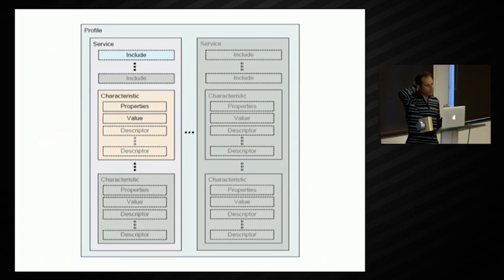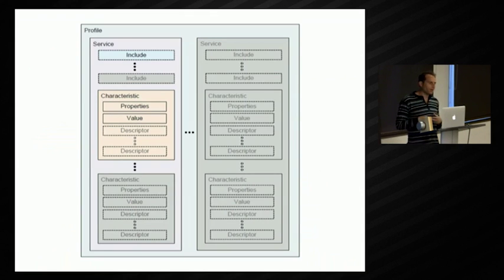And there's a hierarchy. A device might have a series of services, and each of those services have what are called characteristics, which have values that can be read and or written to, and you can also subscribe for notifications.